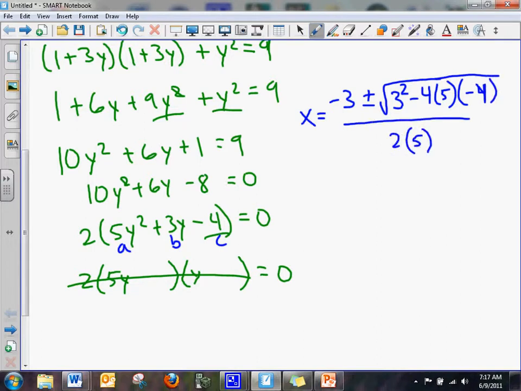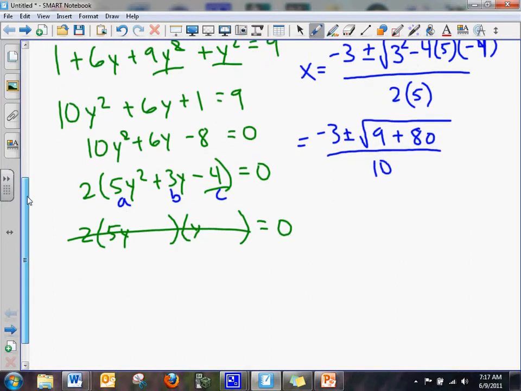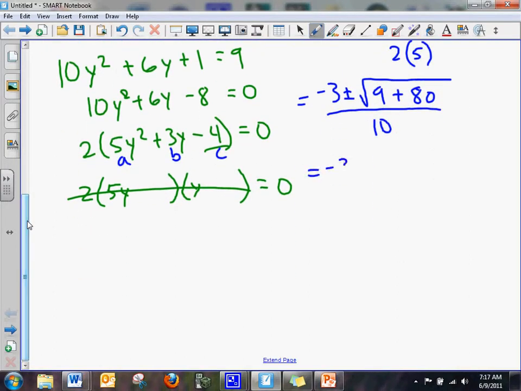All right, let's start simplifying. 9, and then negative 4 times 5 is negative 20, times negative 4 is a positive 80. And on the bottom we have 10. So negative 3 plus or minus the square root of 89 over 10.